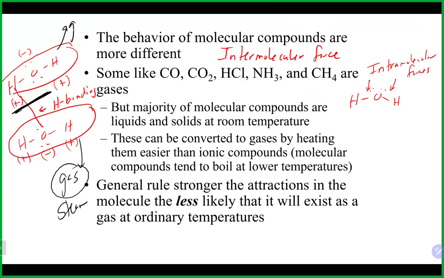And we know that's what happens because if we heat up water, we do not break the intramolecular force, because if we broke the intramolecular force, we would actually break the bonds between the oxygen and the hydrogen in each of the individual water molecules. That would generate a lot of hydrogen gas and oxygen gas, which would not be great. For example, if you were trying to cook some pasta, right, boiling water, you start creating hydrogen gas, oxygen gas, you probably don't get to the pasta part of the dinner.